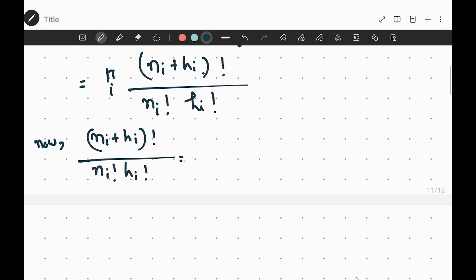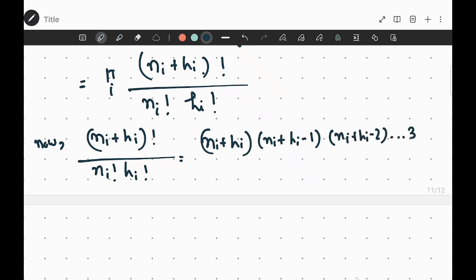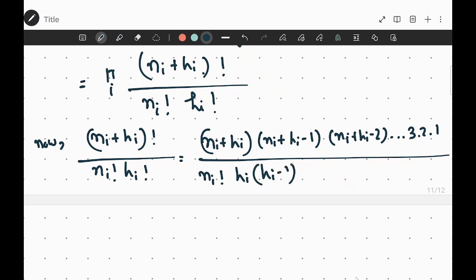Again, you can break it down. So it will be ni plus hi, ni plus hi minus 1, up to ni plus hi minus 2, up to 3, 2, 1. The denominator will be ni factorial anyway, and hi, hi minus 1, hi minus 2, and so on, 3, 2, 1.